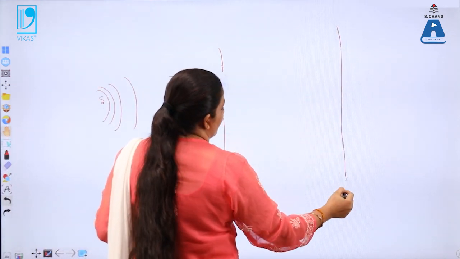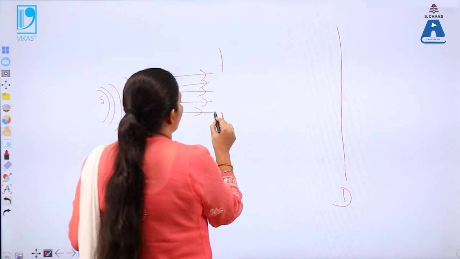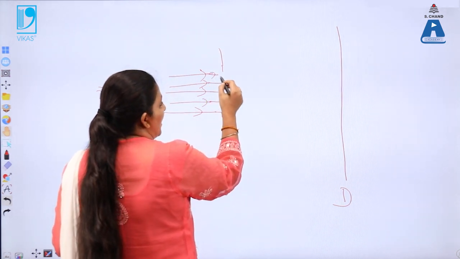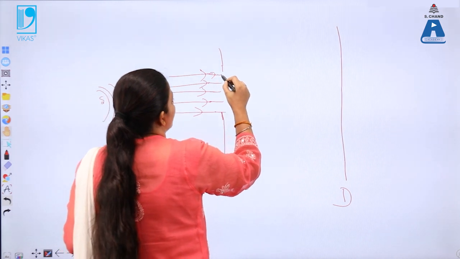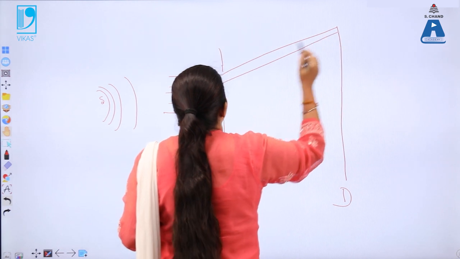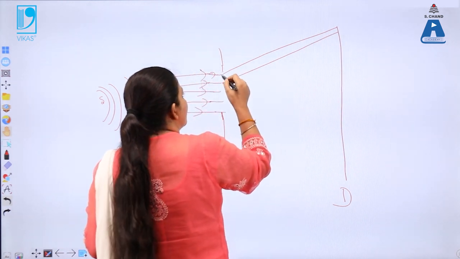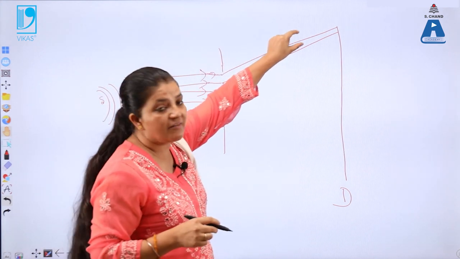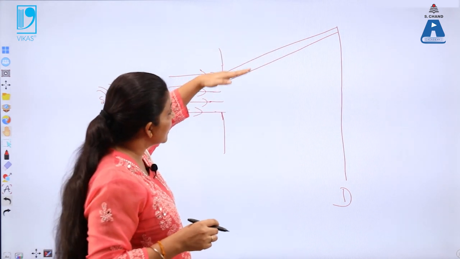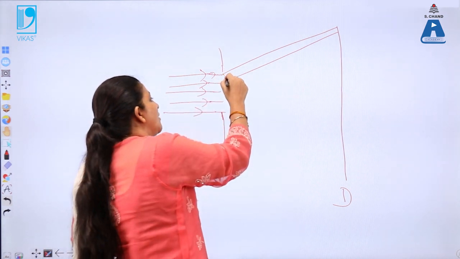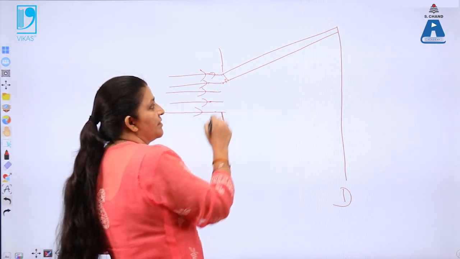After the bending of light from these corners, at each and every point, what is the path difference between the two waves that have traveled? That can be calculated by dropping a perpendicular on each and every wavefront.